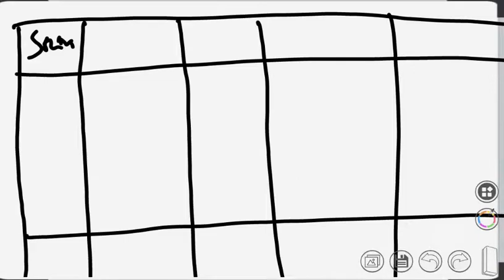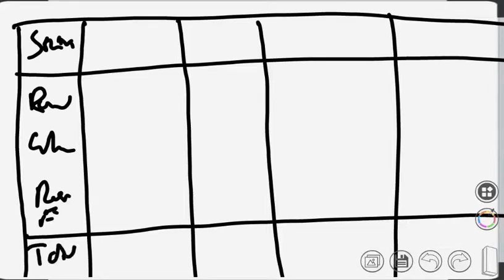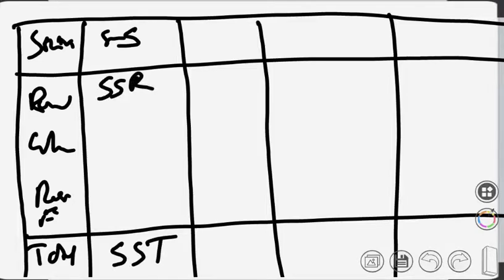So we have the source of variation. The first source is row, then column, and then residue or error, and this is total. Then the second is sum of squares, SS: SST, total sum of squares, SSR, SSC and SSE. Tell me the values.